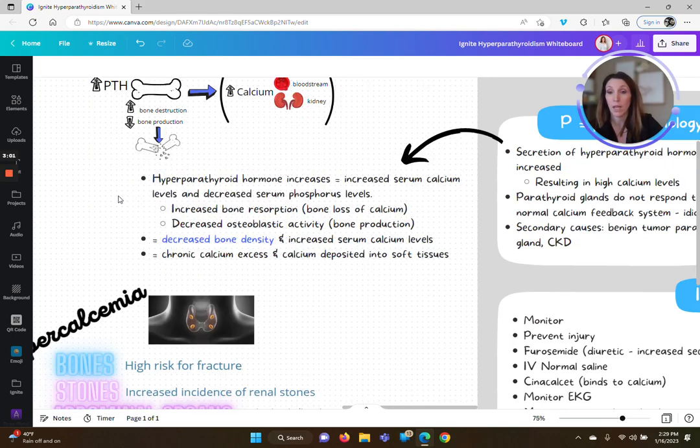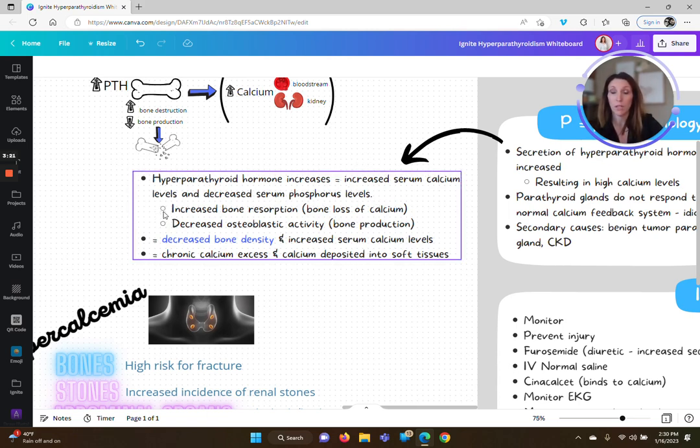And the parathyroid hormone increases, which leads to increased serum calcium levels and decreased serum phosphate levels. So the phosphate is low and the calcium is high.